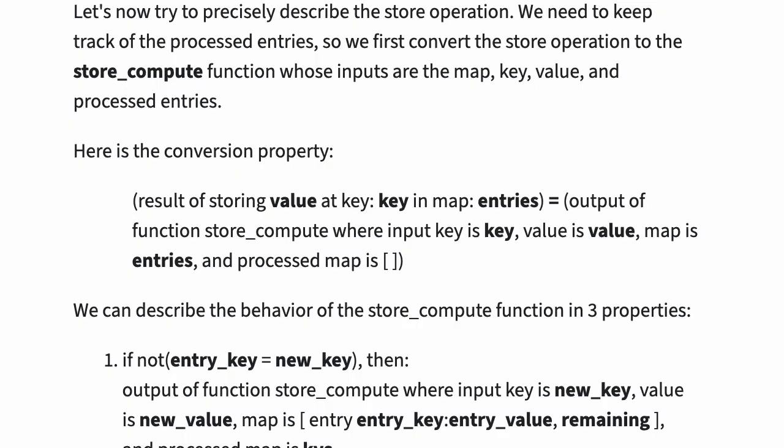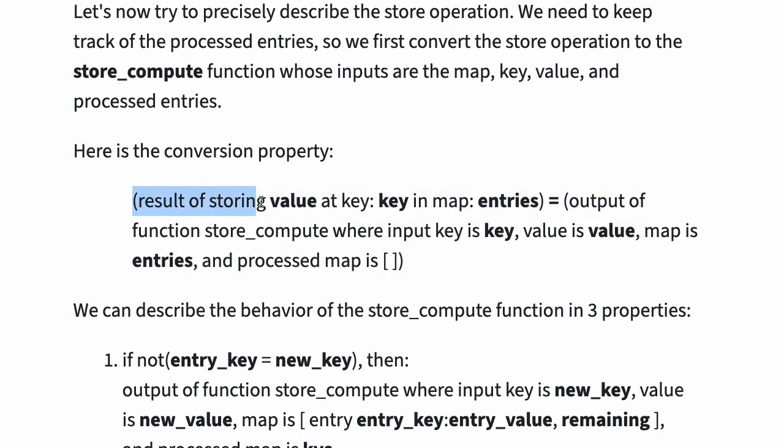Let's now try to precisely describe the store operation. We need to keep track of the processed entries, so we first convert the store operation to the store compute function, whose inputs are the map, key, value, and processed entries. Here's the conversion property.